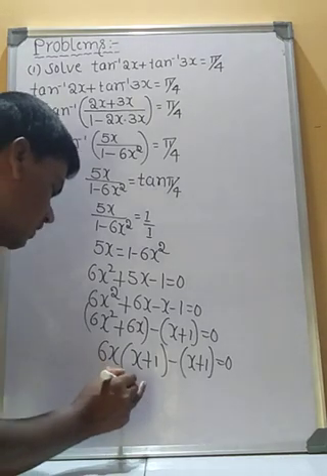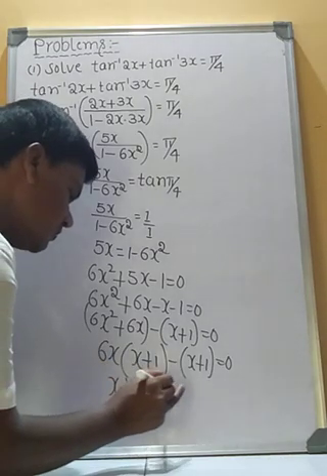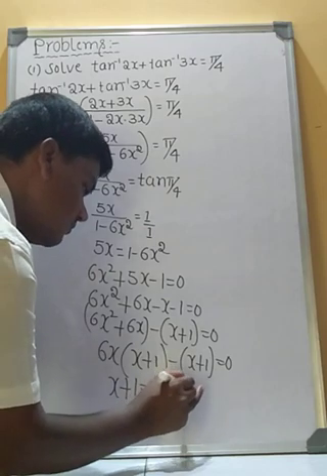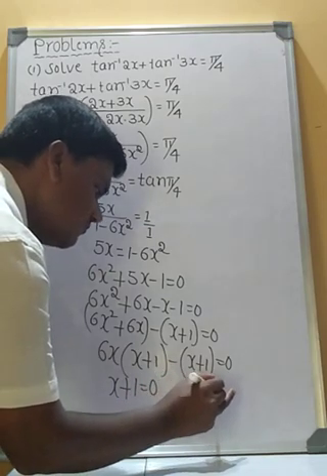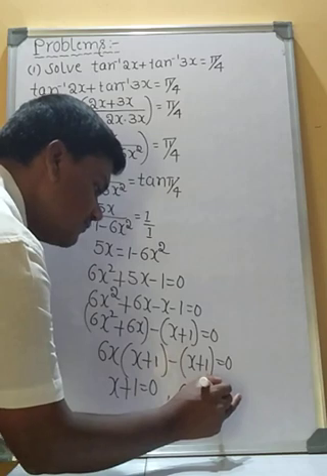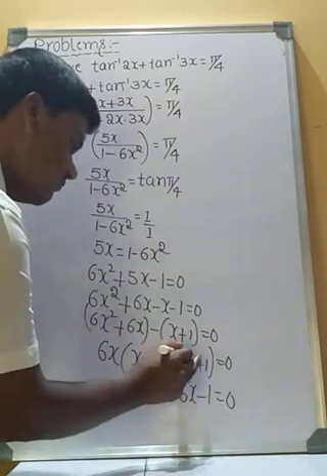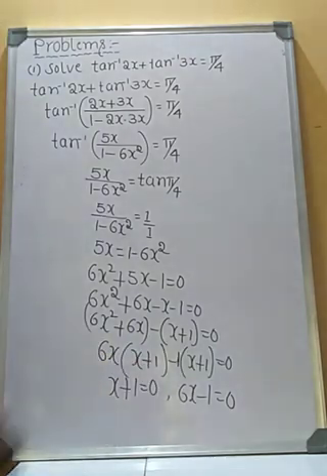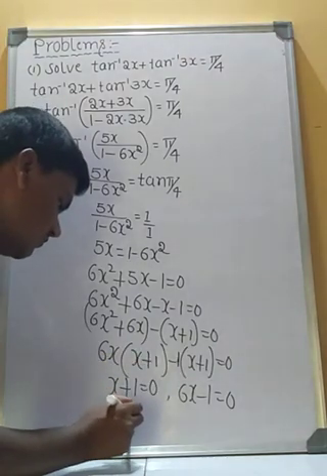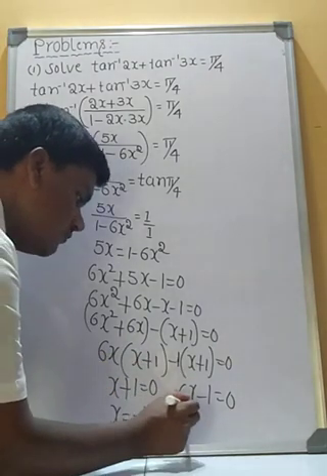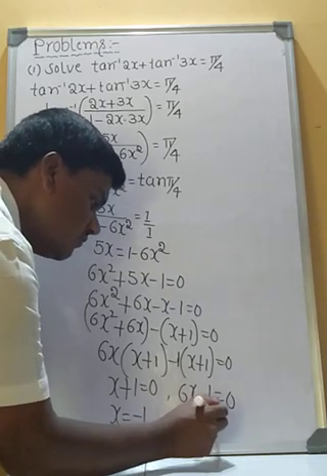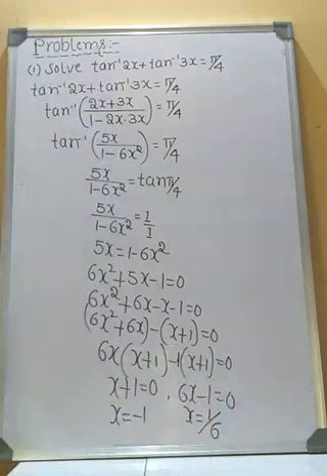Therefore x plus 1 equals 0 or 6x minus 1 equals 0. Therefore x is equal to minus 1, or x is equal to 1 by 6.